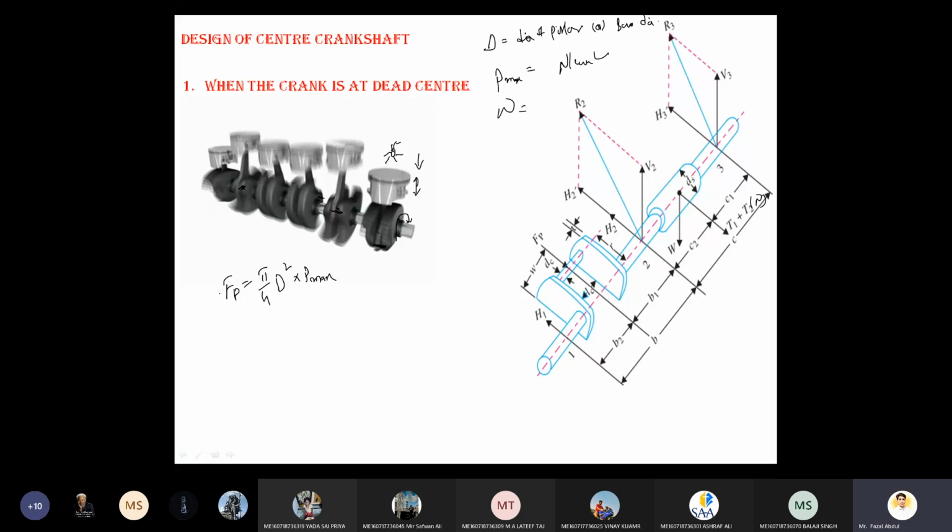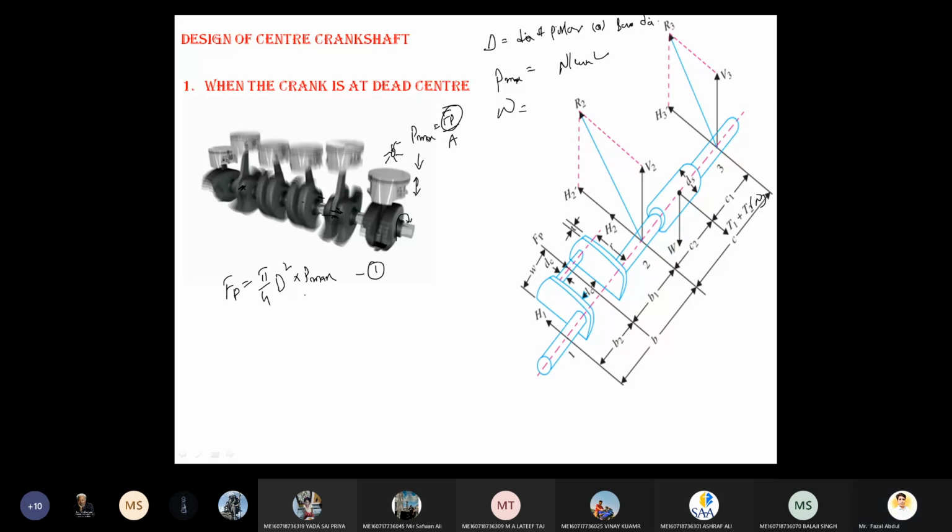The pressure is actually acting on the surface of the piston, and load is pressure times area. With this relation I write the pressure force acting on the piston, and I equate it to the pressure force acting on the crank pin, because this force is distributed to the crank pin. This is the first equation.